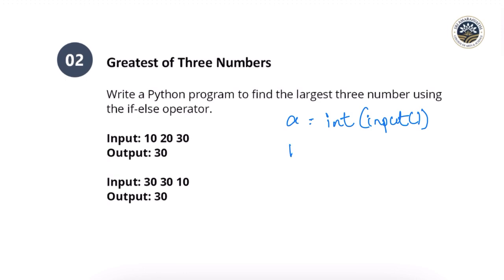After getting B the same way and C the same way, you will have three numbers as input, and you need to find the greatest of the three.